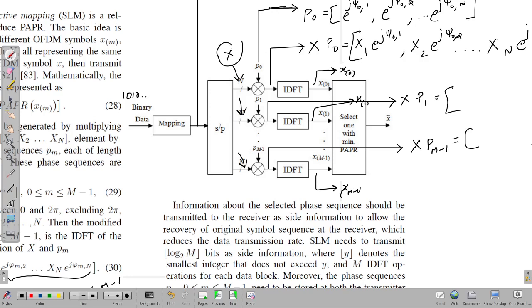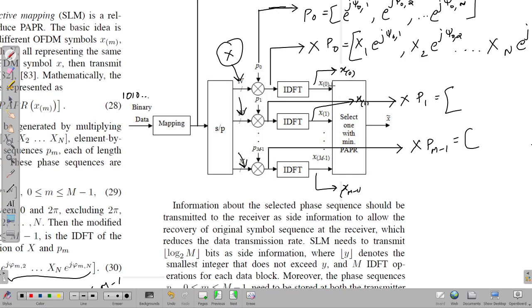This x is different at every time. X symbols are getting blocked and getting ready for transmission using OFDM, and x varies from time to time, and we don't know which phase sequence, when multiplied with x, is going to have the lowest PAPR.